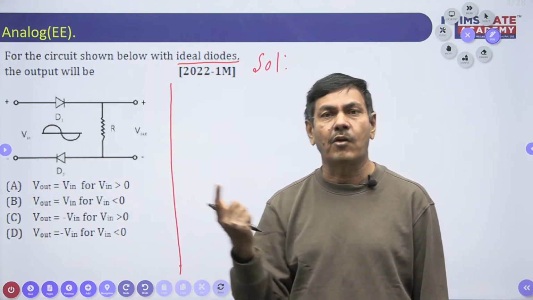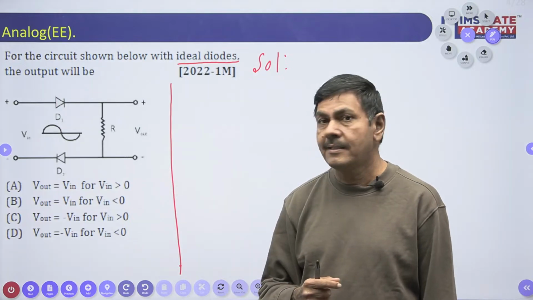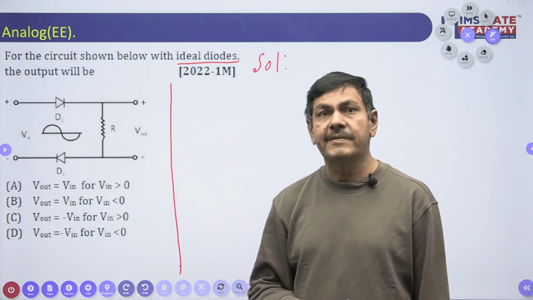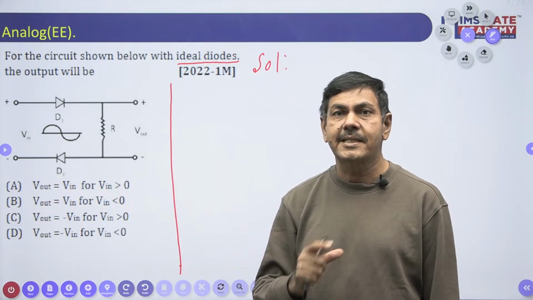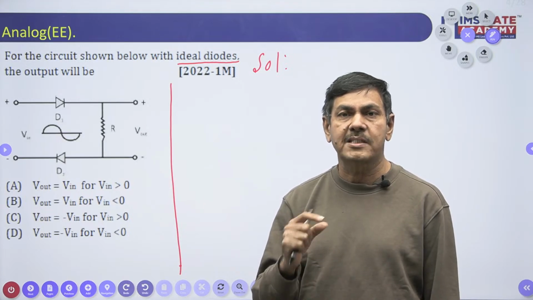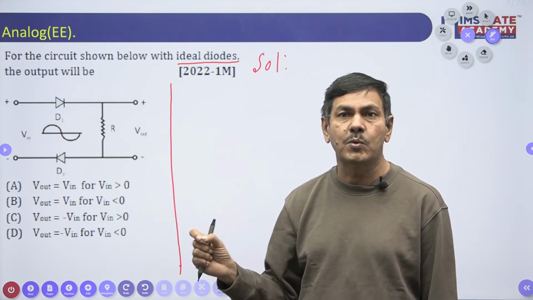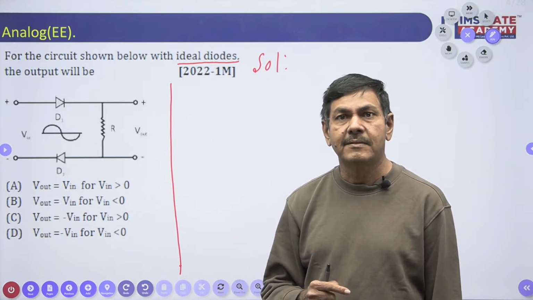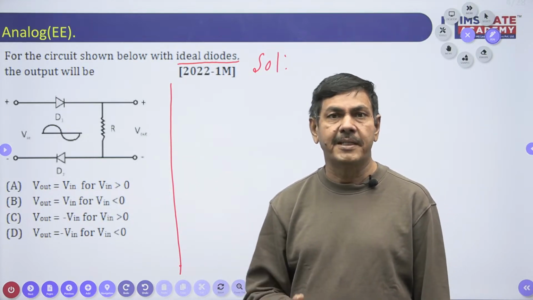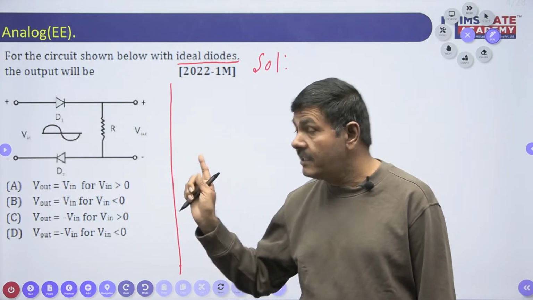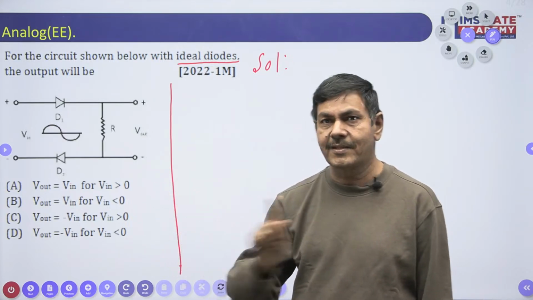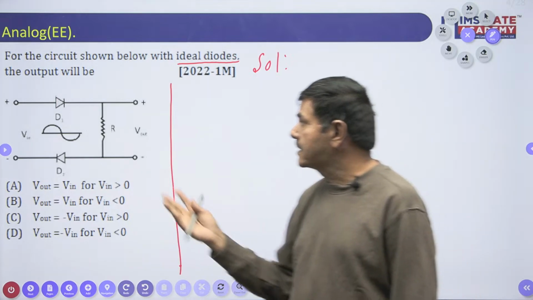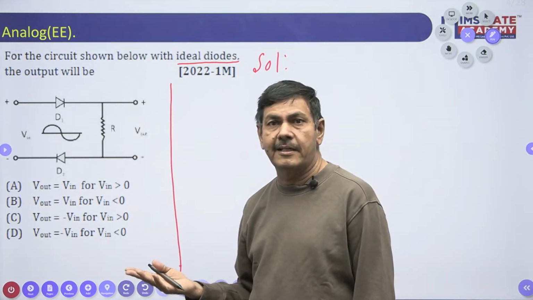It doesn't have any drop for the ideal case. If it is non-ideal, you must take the drop across the diode as 0.7 volts for silicon and 0.3 volts for germanium. That is a must, only when they are forward bias. That's very important.